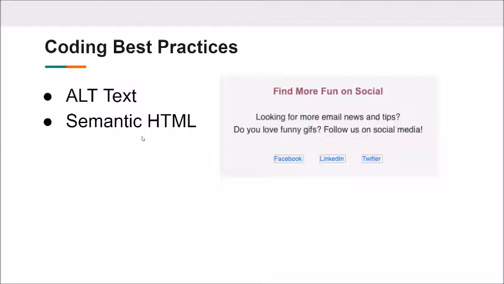So instead of using H1 tags, it is possible for you to just use span tags and make the text that you want to look like they're embedded in H1 tags be bold and large to make it look exactly like something embedded in an H1 tag. But that would be bad practice and it could throw screen readers off.